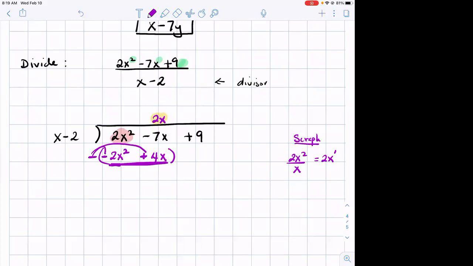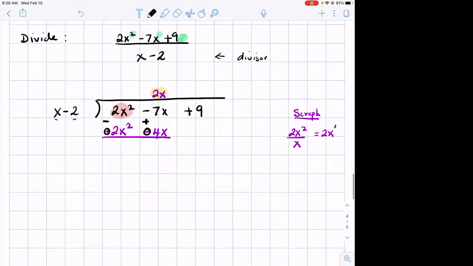We don't show all of this working. As you distribute, 2x times x becomes 2x squared, 2x times minus 2 becomes minus 4x, and then we change the sign. So rather than this being a plus, it becomes a minus. Rather than this being a minus, it becomes a plus.